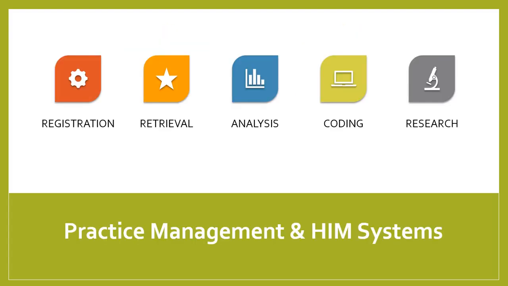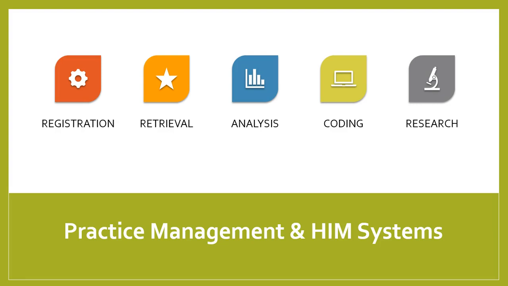Next up, practice management and HIM systems. So there are so many different types of HIM and practice management systems out there. So you should be familiar with the most basic ones. Some examples are laboratory systems would be one example. Radiology systems would be another example.